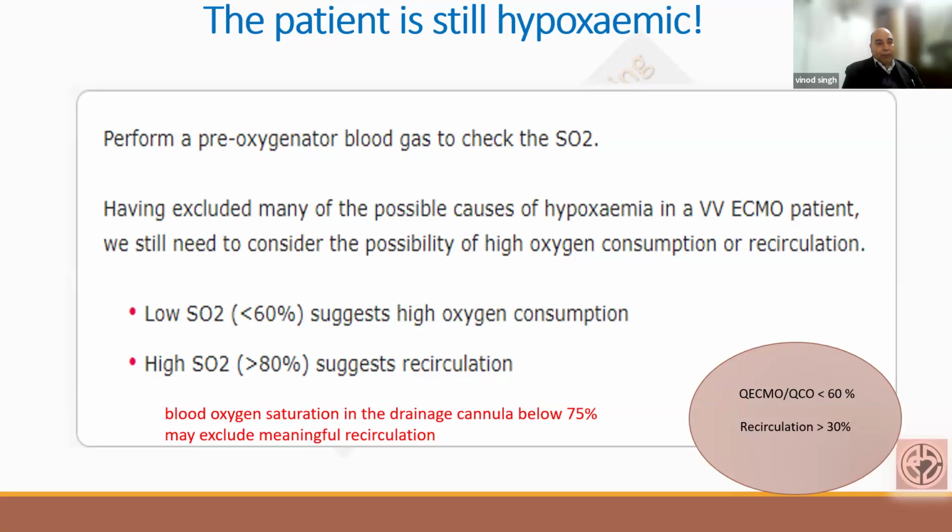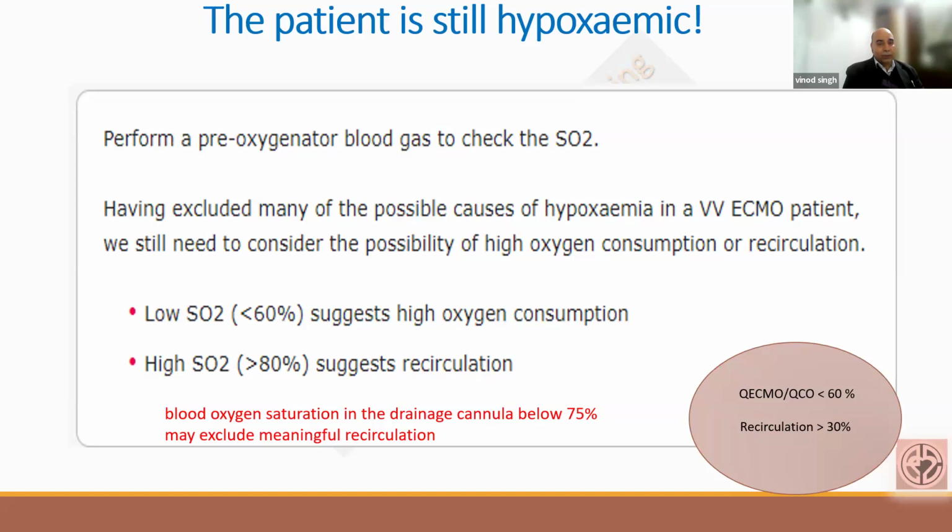By doing a pre-oxygenator or pre-pump ABG, you can guess the reason for hypoxemia. If the saturation is less than 60%, it suggests a high oxygen consumption, which can occur due to high-grade fever, a new onset of sepsis, agitation, or tachycardia.